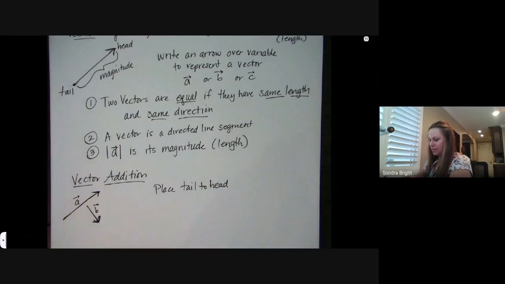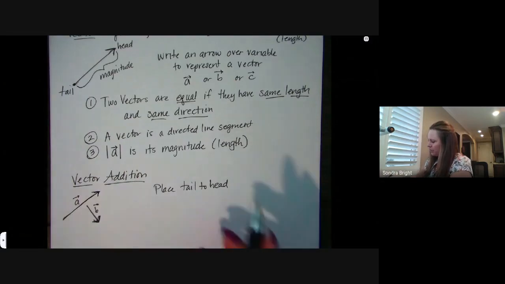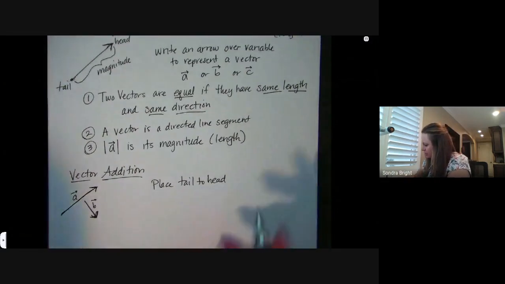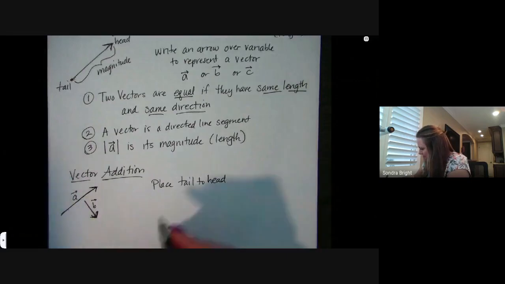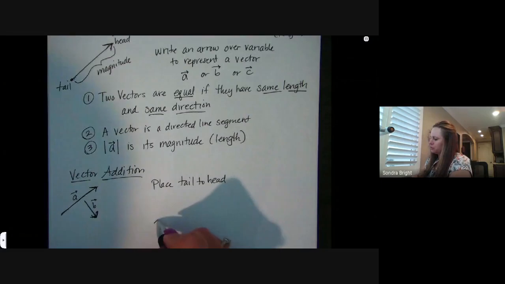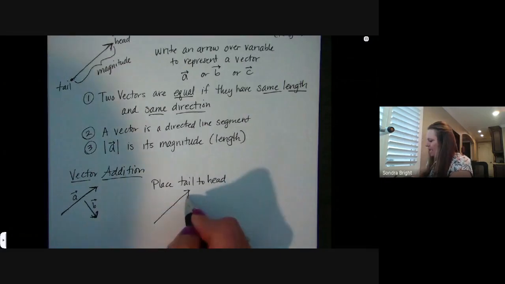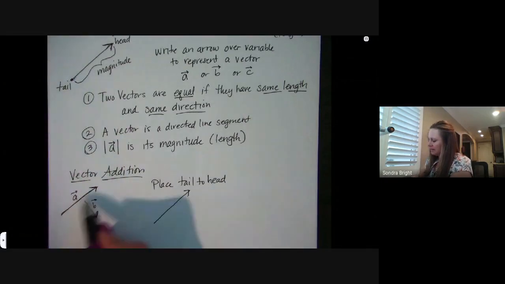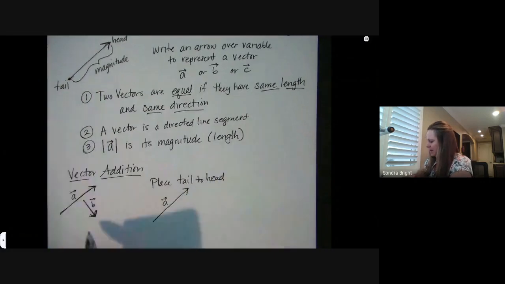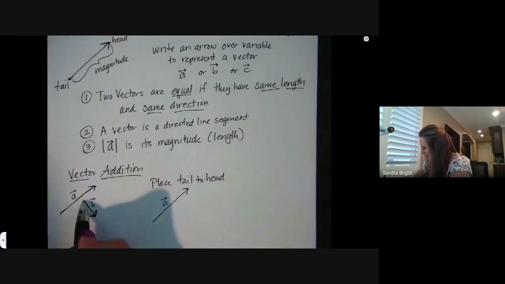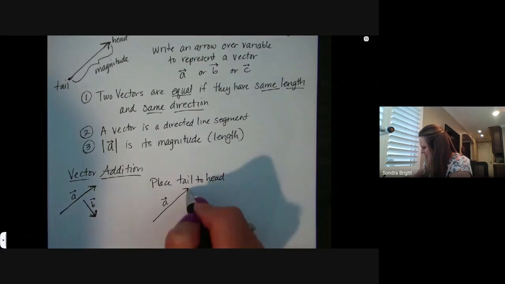And what that means is if I want to do A plus B, I would start by drawing A again and try to duplicate the same direction and length. And then if you place the tail of B onto the head of A, it looks something like that.